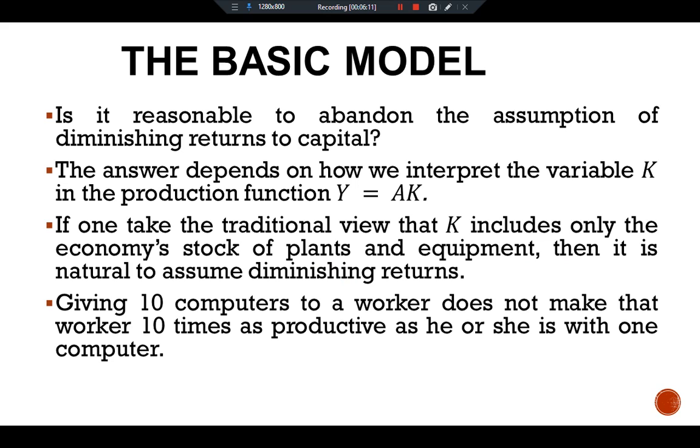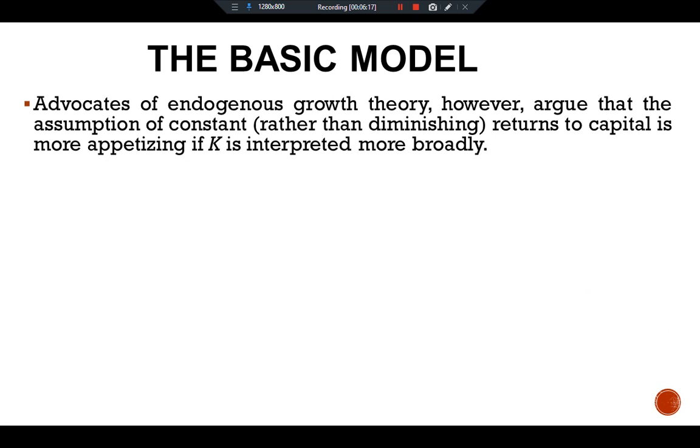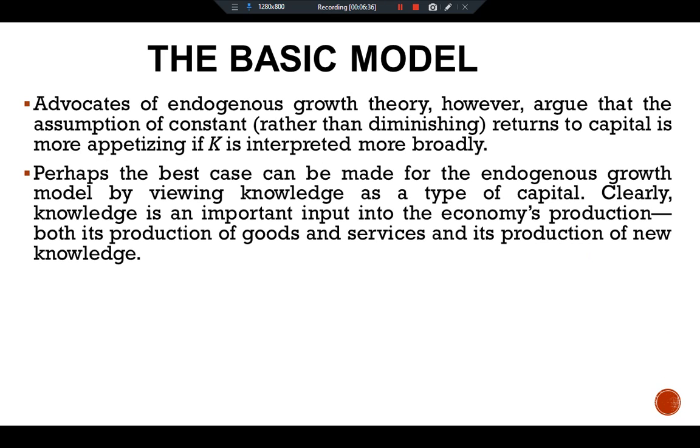Advocates of endogenous growth theory, however, argue that the assumption of constant returns to capital, rather than diminishing returns, is more appealing if K is interpreted more broadly. Perhaps the best case can be made for the endogenous growth model by viewing knowledge as a type of capital. Clearly, knowledge is an important input into the economy's production, both its production of goods and services and its production of new knowledge.